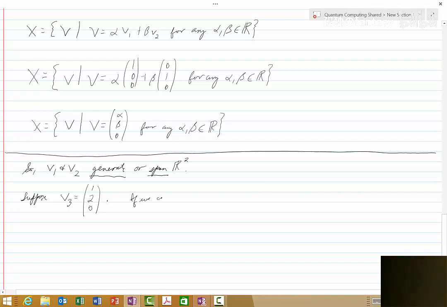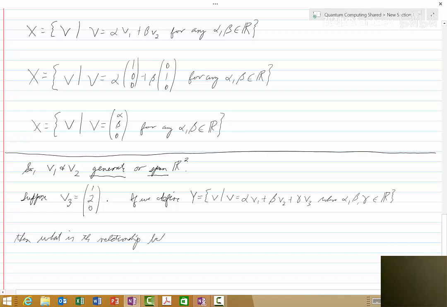If we define a set Y to be the set of all vectors V such that V is equal to alpha V1 plus beta V2 plus gamma V3, where alpha, beta, and gamma are any real numbers, if we define Y in that way, then what is the relationship between X and Y?